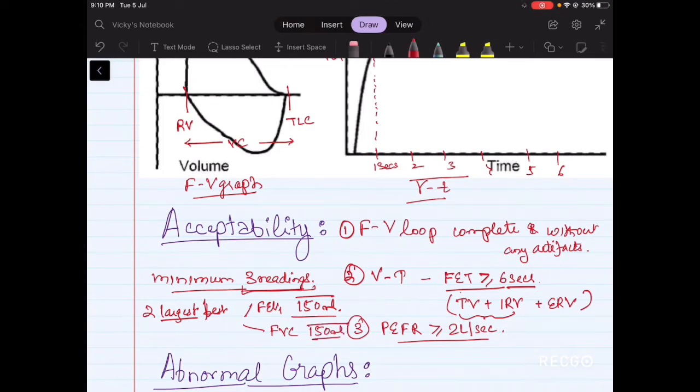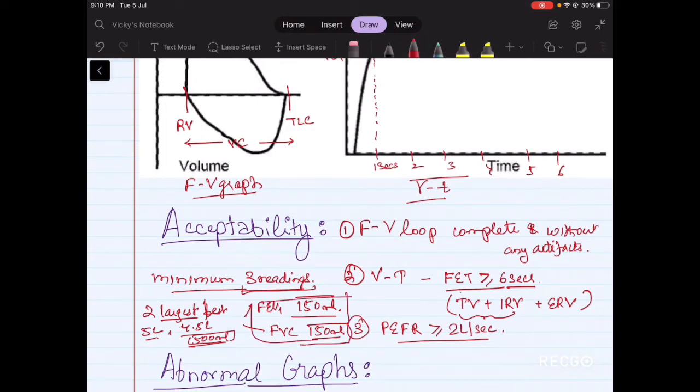For example, if one of the graphs has an FEV1 of 5 liter, and the other one has 4.5 liter, then the difference is 500 ml. Hence it cannot be accepted. So you have to take as many readings as required so that this condition is fulfilled, right?